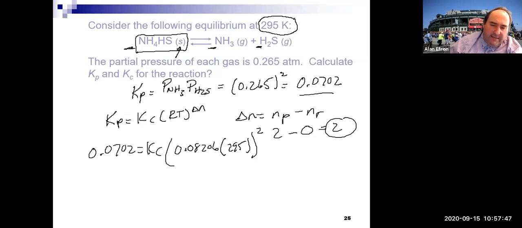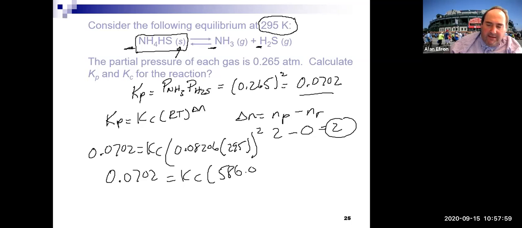0.08206 times 295, and then square it, that will give us 0.0702 equals KC times 586.013. We'll divide that to the other side.